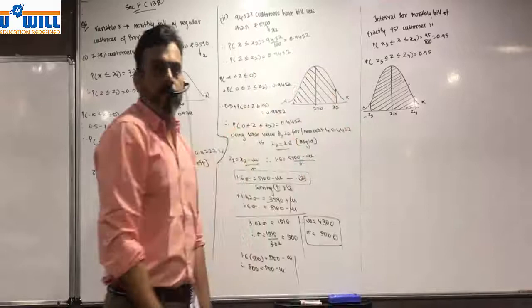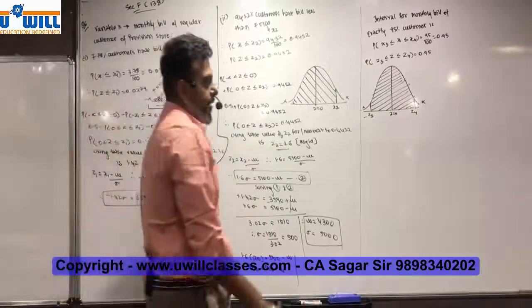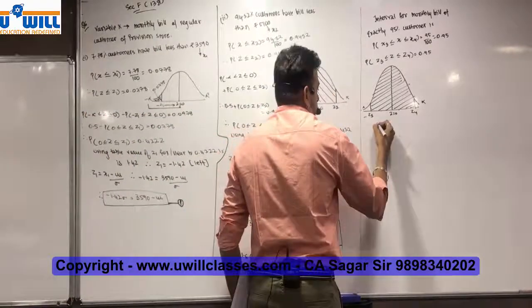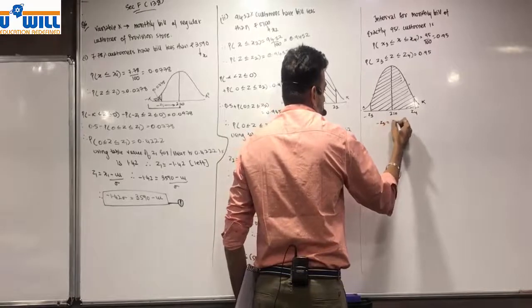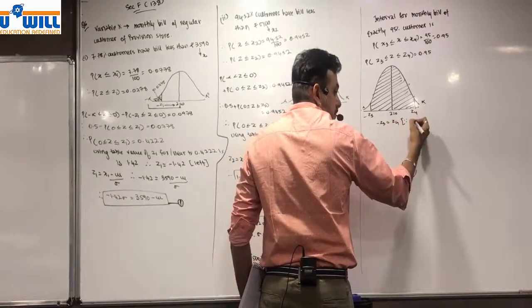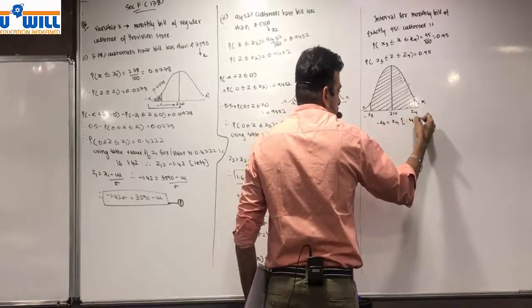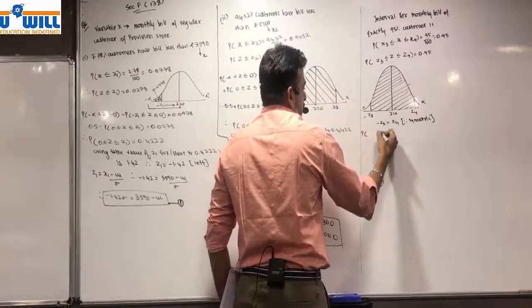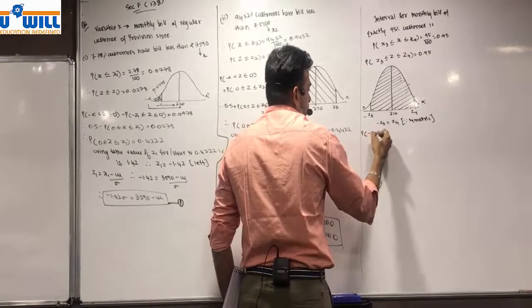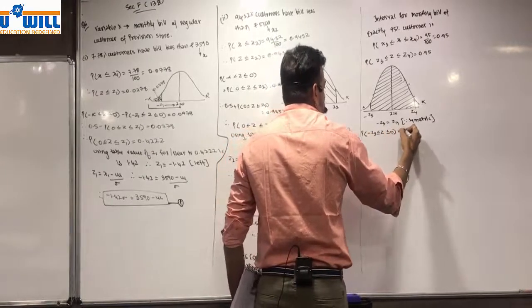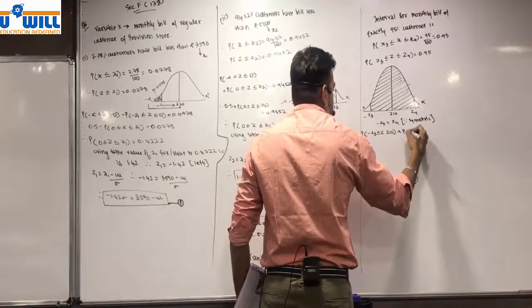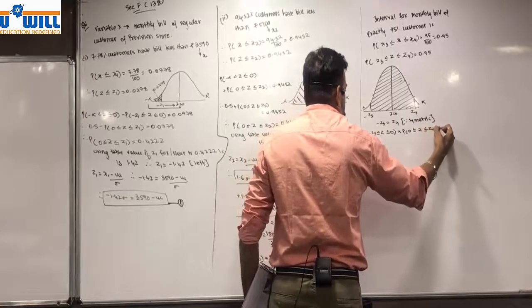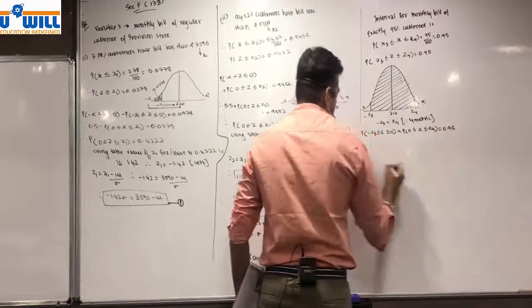Understood this? So 95%. Can I say minus Z3 is equal to Z4, because it is symmetric. We make the equation probability of Z greater than or equal to minus Z3, less than or equal to 0, plus probability of Z greater than or equal to 0, less than or equal to Z4, is 0.95.